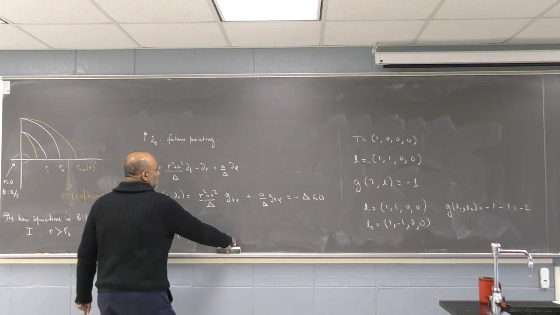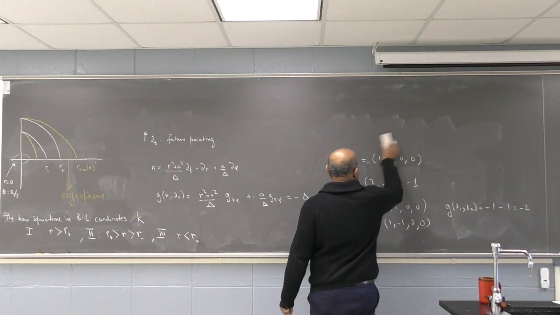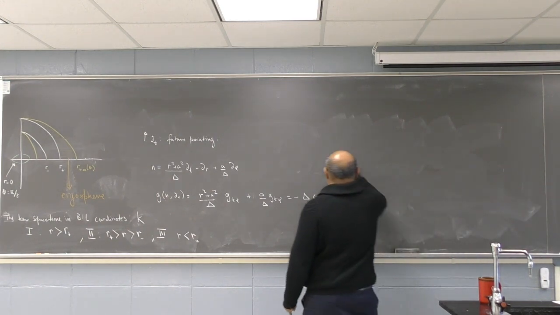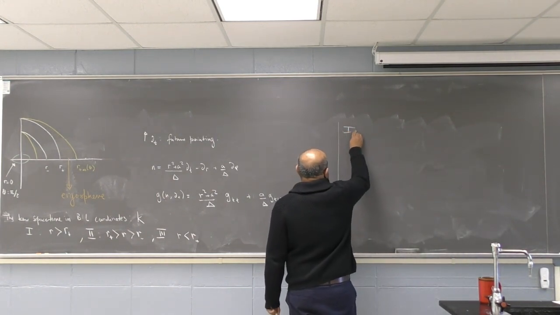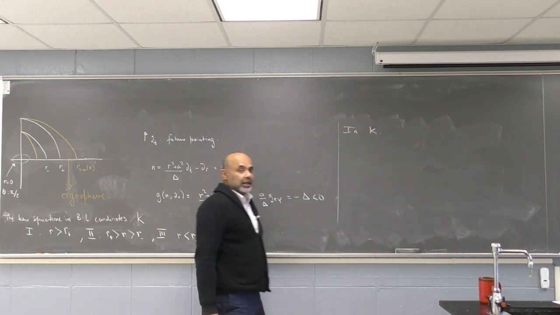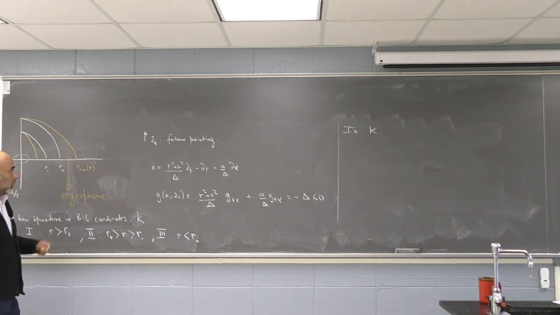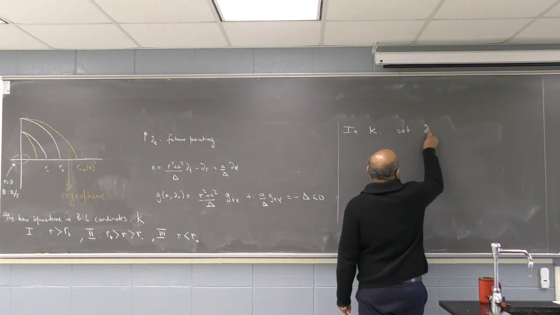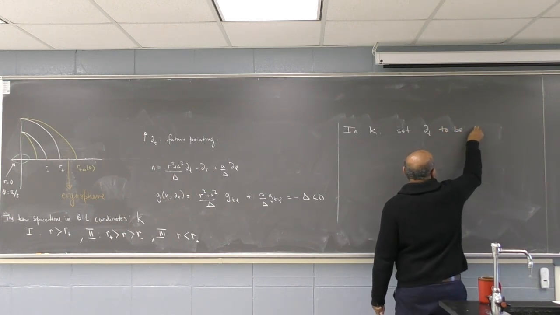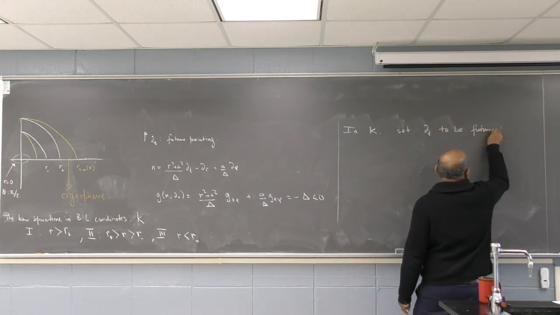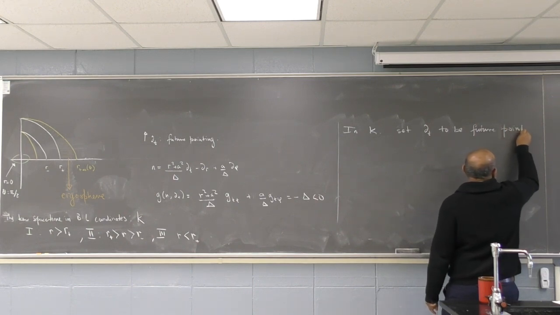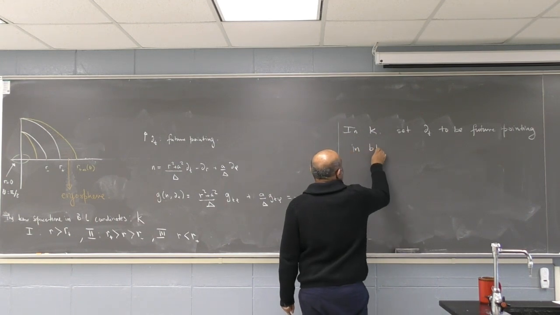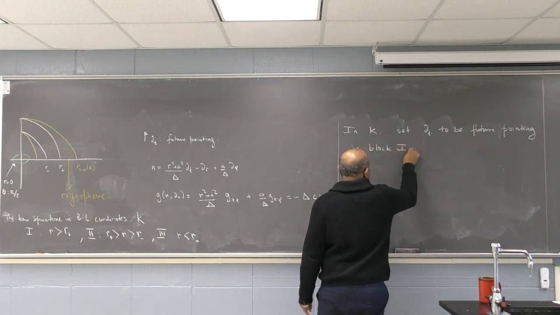So the fact of the matter is, in Boyer-Lindquist coordinates, I don't need to say Boyer-Lindquist coordinates, I can just say in K. Set d/dt to be future pointing, as we would want in block 1.